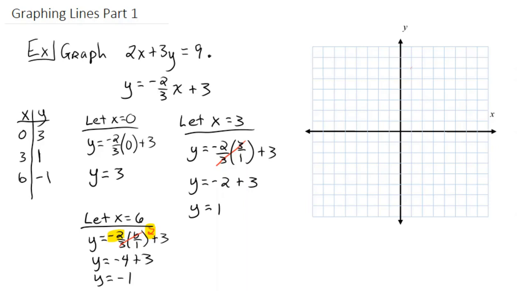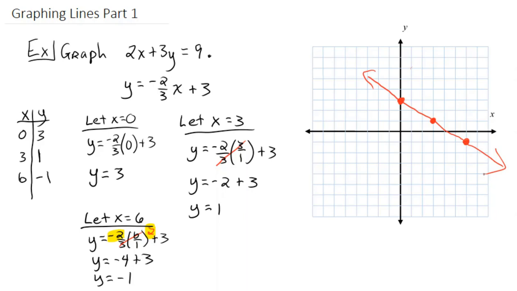Alright, with that, I can go ahead and plot those points out. 0, 3 is there. 3, 1 is here. And 6, negative 1 will be there. And they all line up, so I do a little celebration on the inside as I sketch in my line. And there we have it.